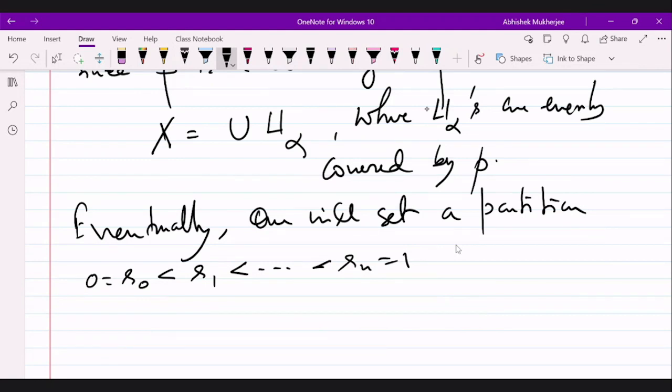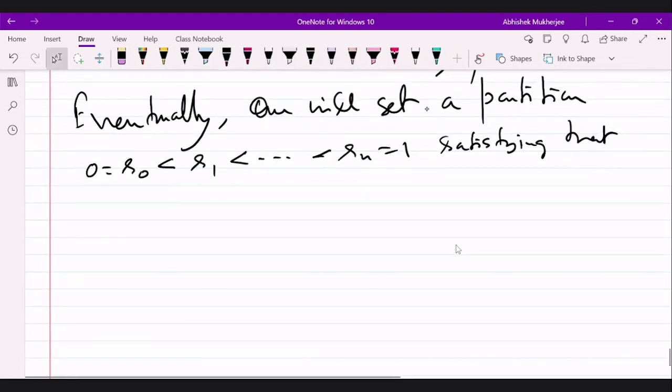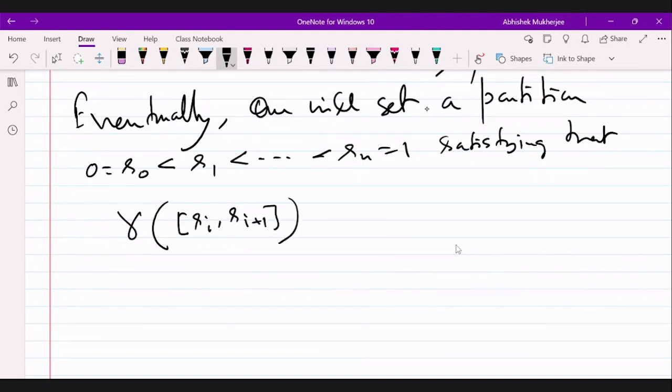So one will get a partition of this kind, satisfying that if you take any subinterval, gamma of that subinterval will be mapped into some U alpha, let us call it Ui.